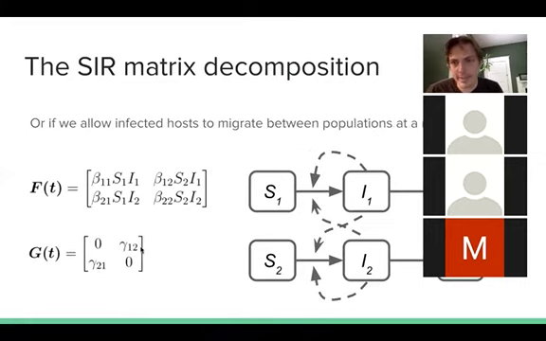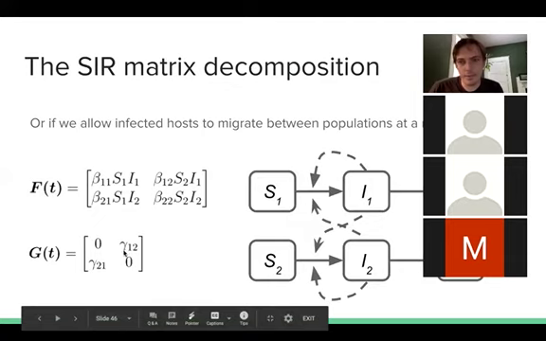But we can also relax this assumption. We could also consider an SIR model in which infected individuals, say, move back and forth between different populations for work or school. And so we could also consider an SIR model where there's movement via migration rates between these two populations.